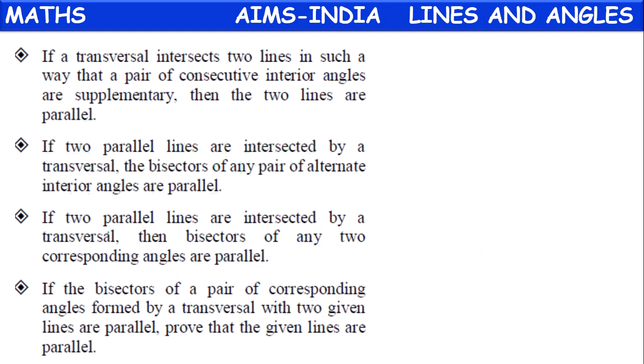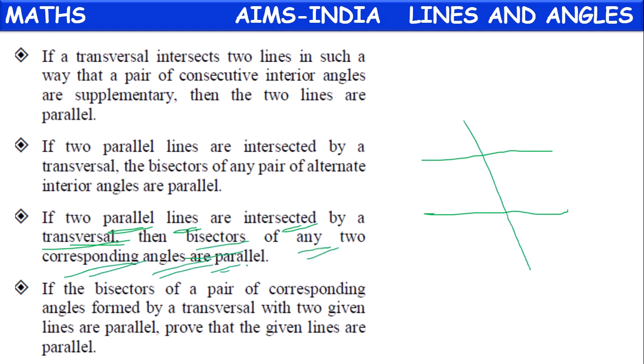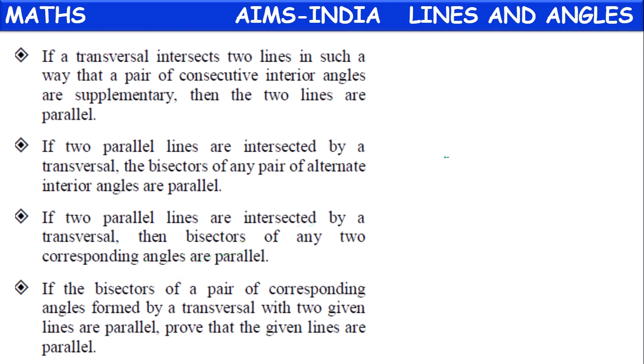Next one. If two parallel lines are intersected by a transversal, the bisectors of any two corresponding angles are parallel. This is the transversal.